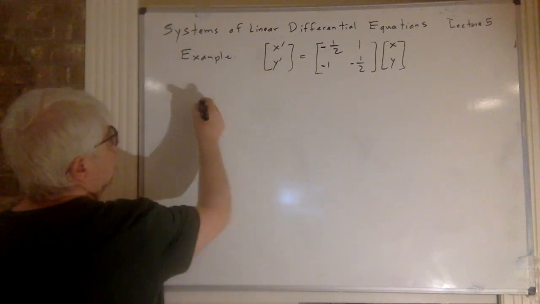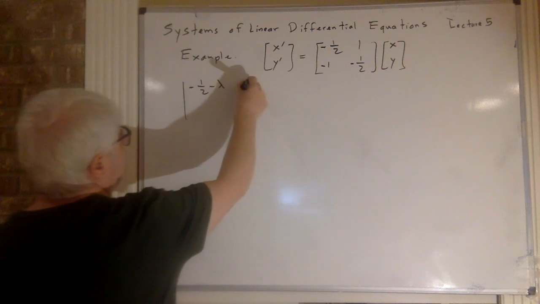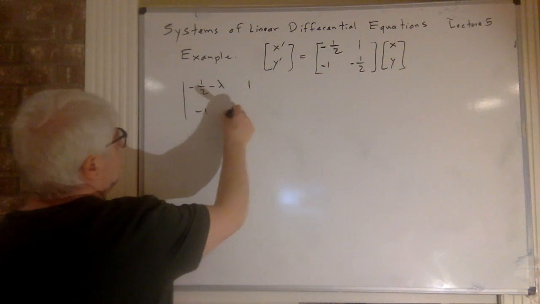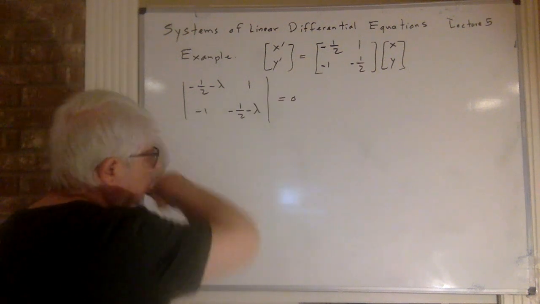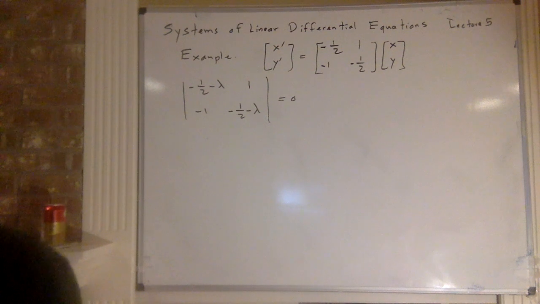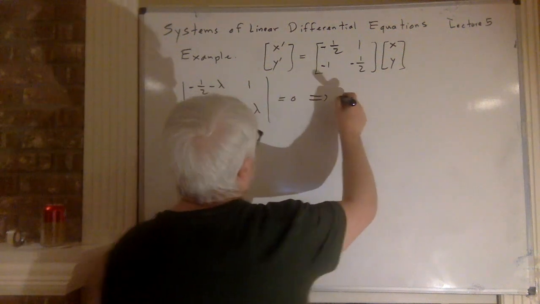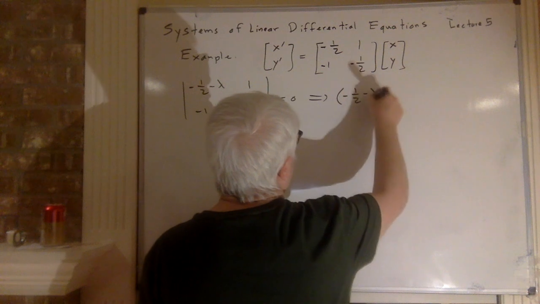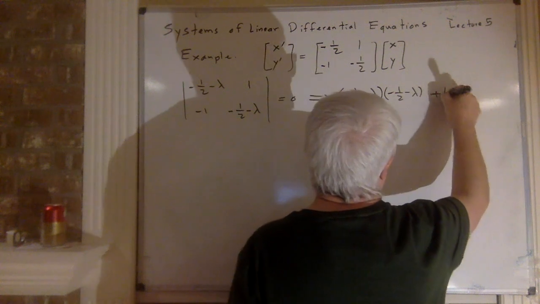So, anyway, I have the determinant: minus 1 half minus lambda, 1, negative 1, minus 1 half minus lambda, is 0. So that gives me minus 1 half minus lambda, minus 1 half minus lambda, and then plus 1 is 0.